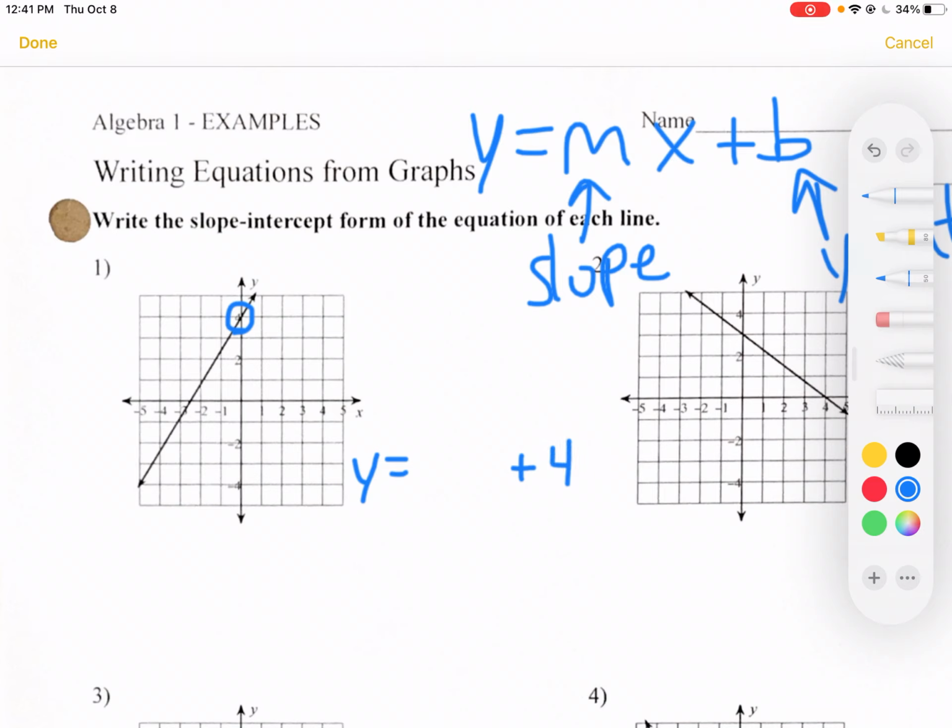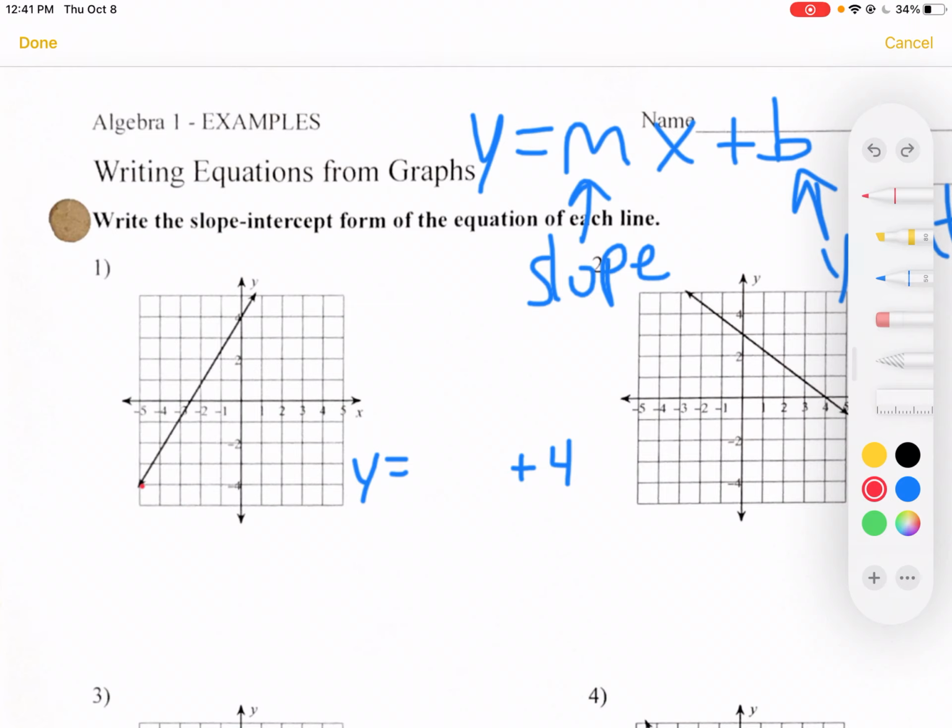So for slope, we need to make a slope triangle. And we need to find a place where our line is crossing on the grid, if that makes sense. Like, where is it crossing the grid on the x's? So right here, I feel like it's pretty much right on the grid there.